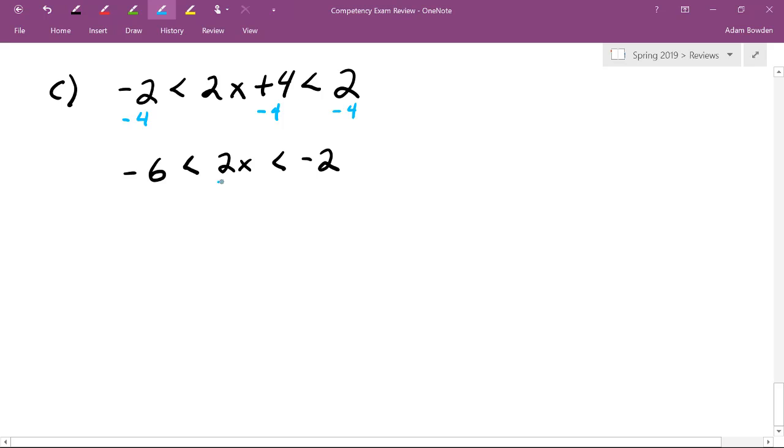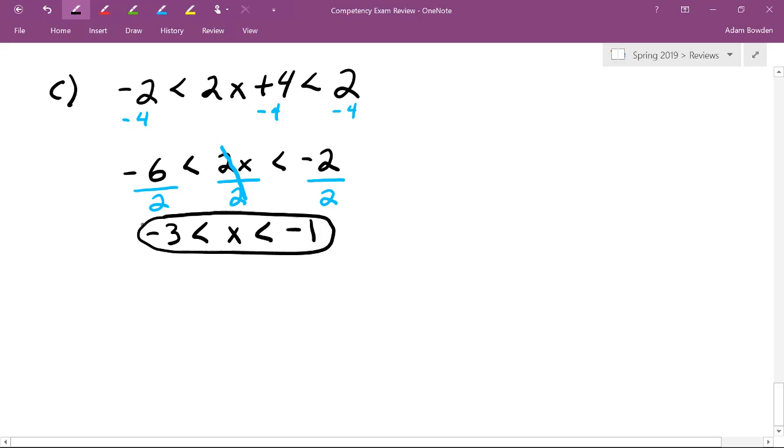What I do next is divide by 2, toward the left and the right, getting rid of the 2 in front of the x, leaving us with just x in the middle. Negative 6 divided by 2 is negative 3. Negative 2 divided by 2 is negative 1. That leaves us with negative 3 less than x less than negative 1.